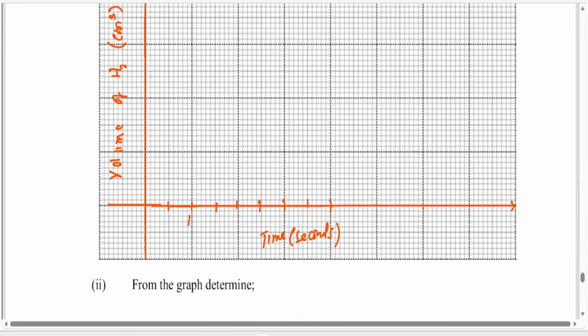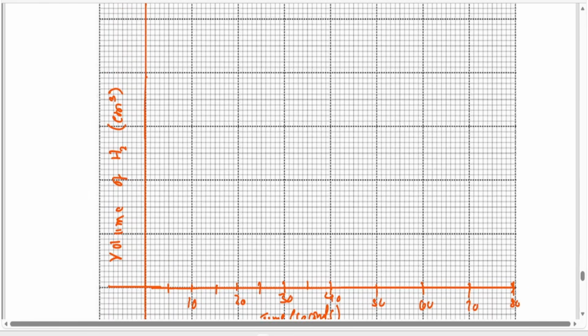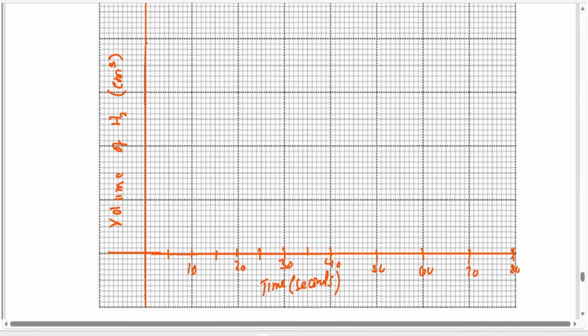We have 10, 20, 30, 40, 50, 60, 70, and then we have 80. I have started from the margin here, but allow me to proceed with that scale.